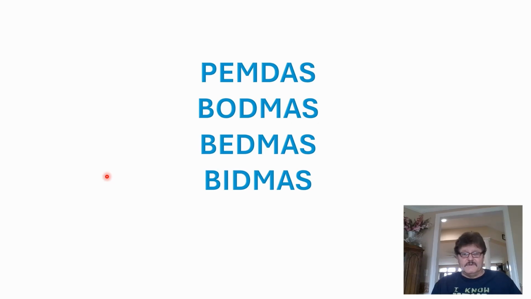They're just used in different parts of the world, mostly English-speaking countries, where instead of parentheses, you might be talking about brackets, or instead of exponents, you might be talking about orders. And then the I in BIDMAS would be indices, which really, you're all talking about the same things. So you end up getting the same answers out of all of these acronyms. But I have some other videos that go into more detail on that.